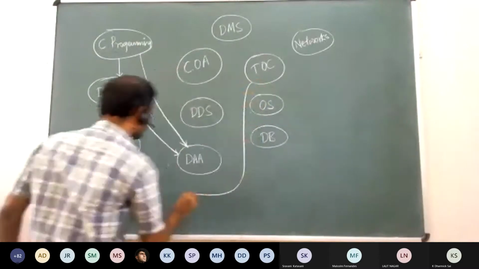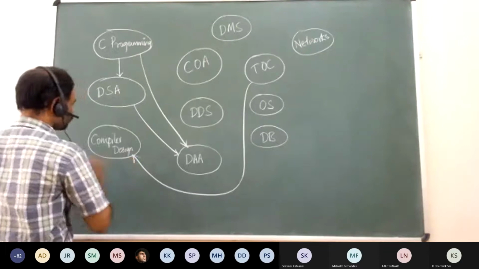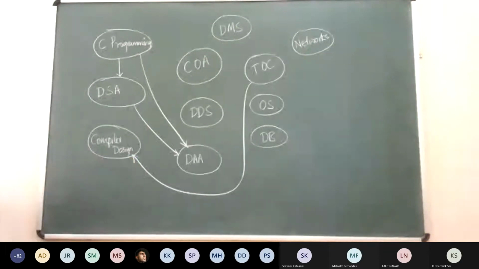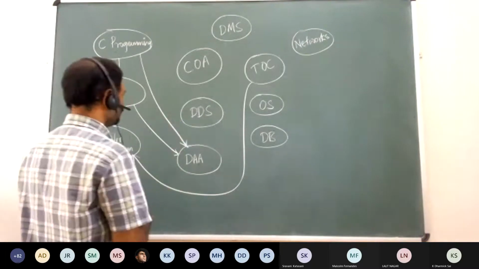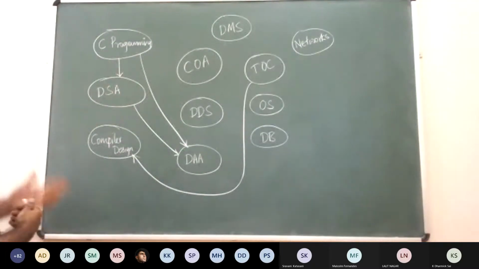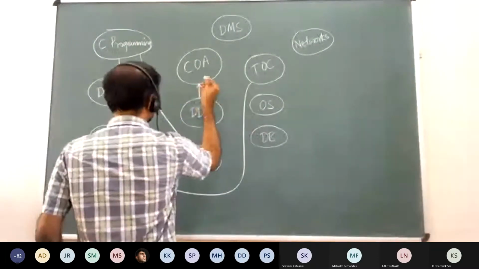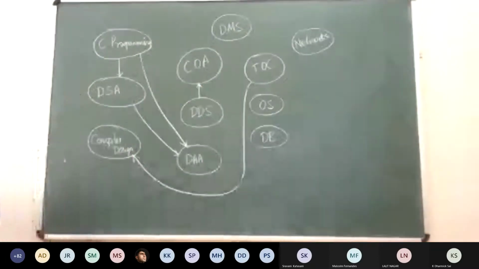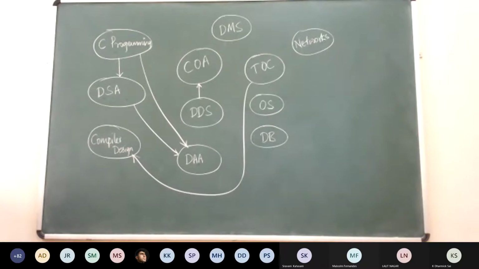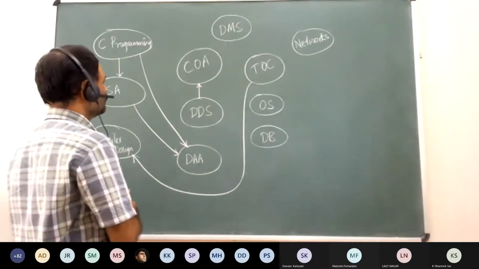So we would say TOC is a prerequisite for compiler design. DDS might not require any prerequisite of this kind. For COA, there is a slight prerequisite: once you know about circuits, it would help. Otherwise also you could do it, that's still okay.